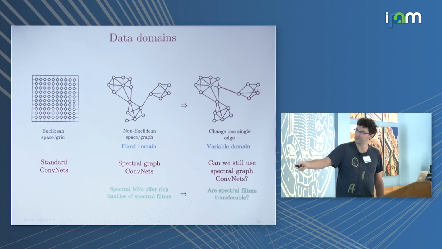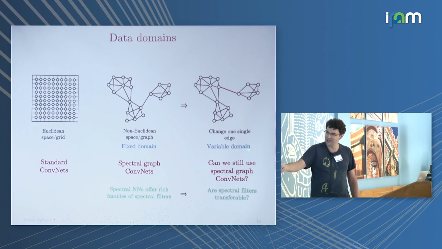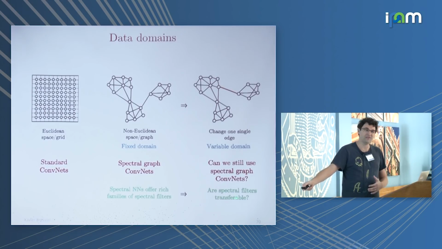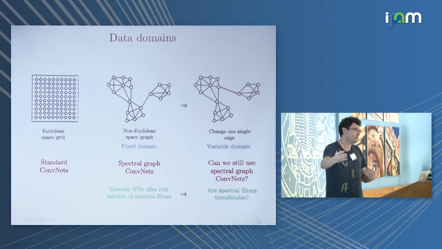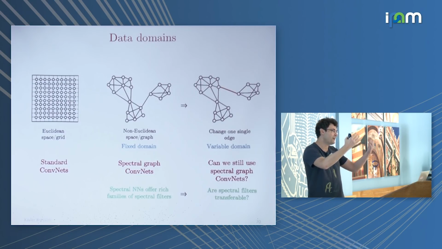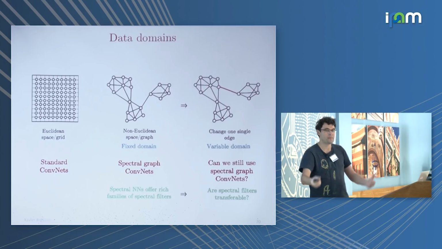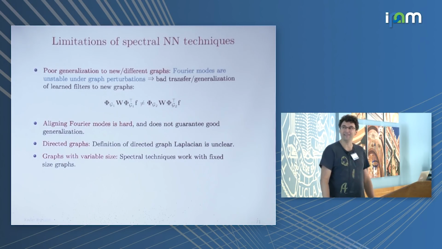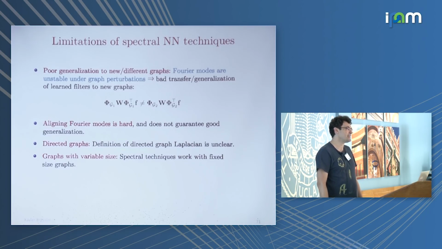That is pretty powerful. Now the question is, what happens if I change only one edge? If I change the topology of the graph, I go to some variation of the domain. Can we still use spectral graph ConvNets? Can we transfer the filters from this graph to another graph? In the general sense, no, we cannot do that. The generalization is not going to work.